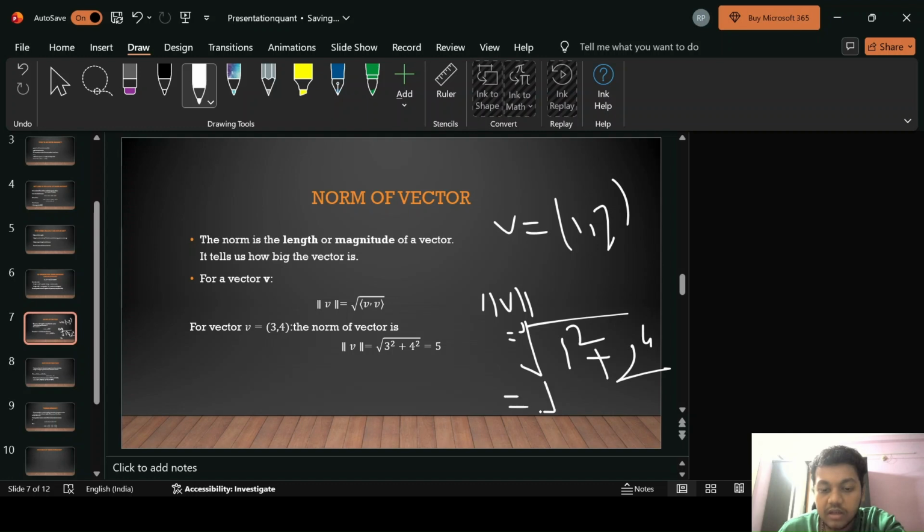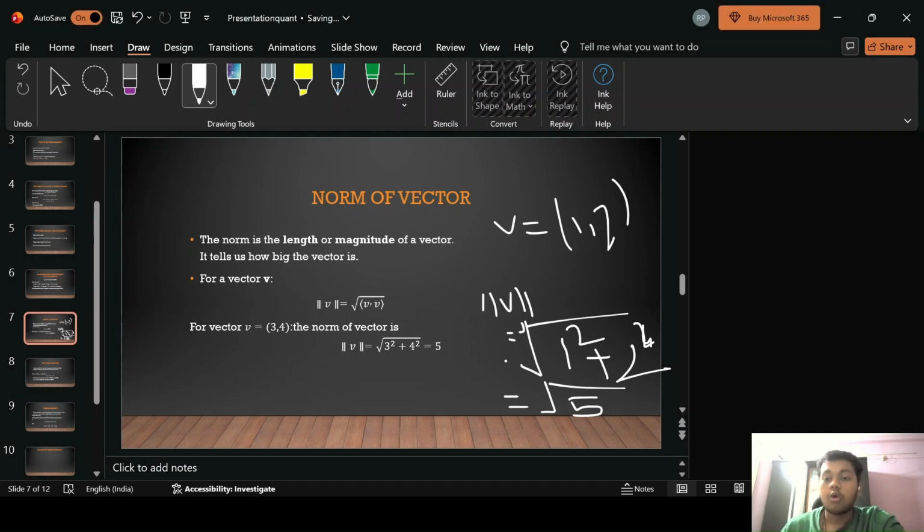That is 1 plus 4, root 5. This would be our norm of vector for vector 1, 2.